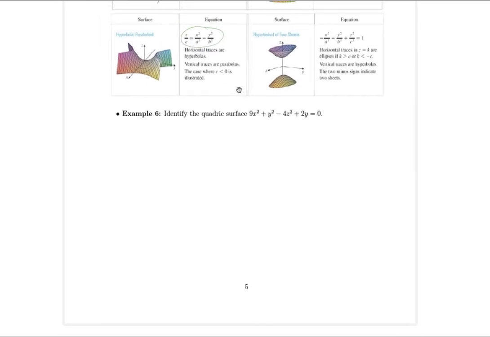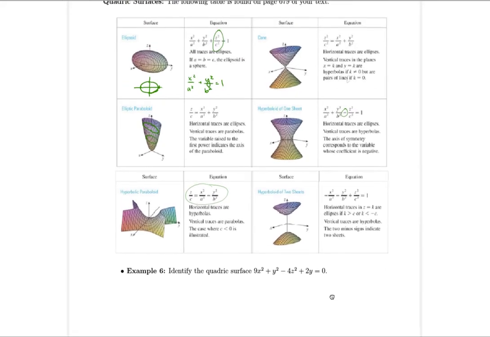So you could have a quadric surface that is not taking off from the origin. And when that happens, you know that there's just been shifting that has occurred. So let me just throw one example out there.